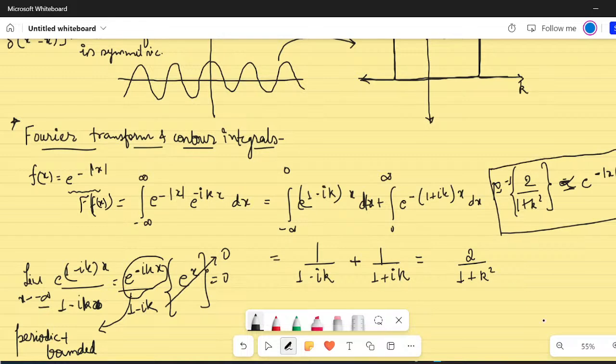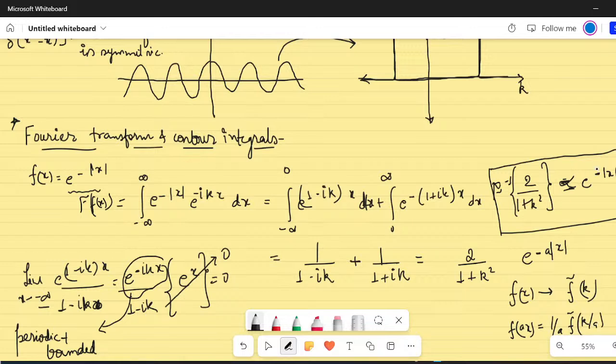So for example, if I replace it by e to the power minus ax. I've told you that if the Fourier transform of a function f of x is simply f tilde k, then the Fourier transform of f of ax is 1 upon a f tilde k upon a.